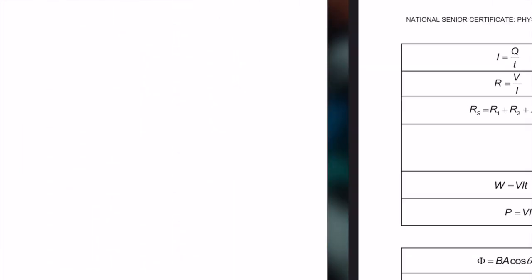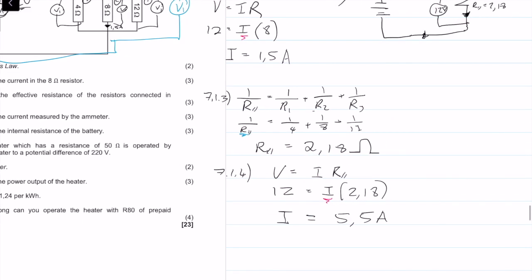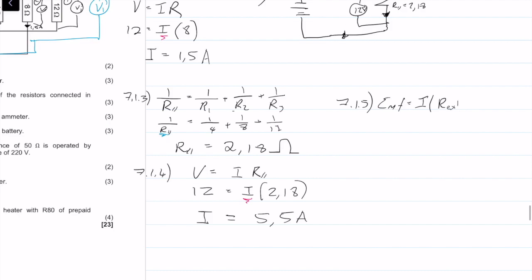So 7.1.5: EMF is equal to I times R external plus R internal. Then we have the EMF was 16.5.